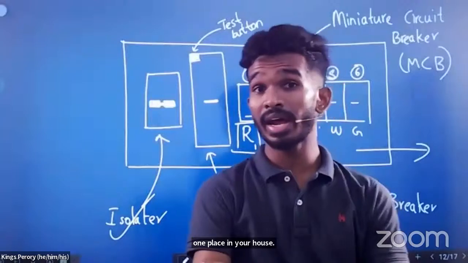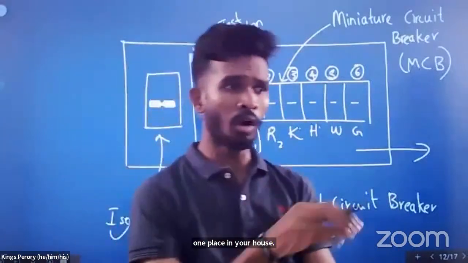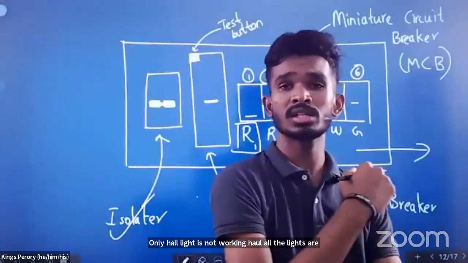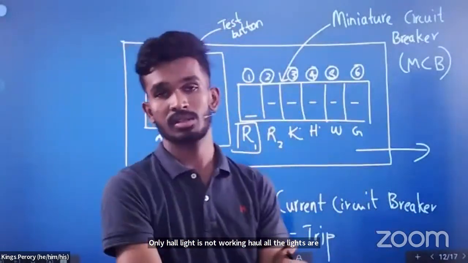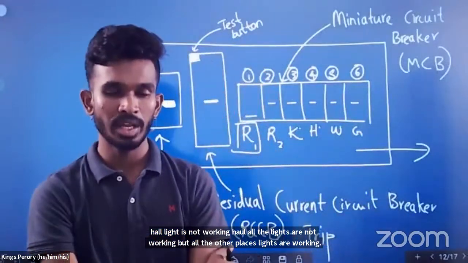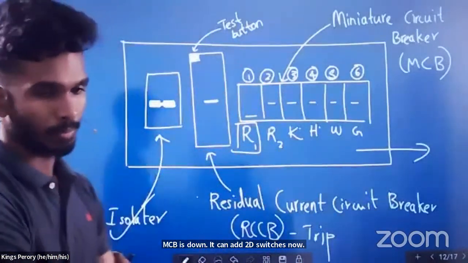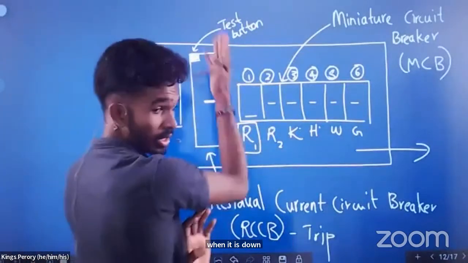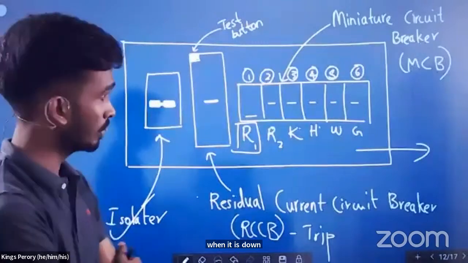Now, sometimes you would have had this experience. Only the hall light is not working. All the other places, lights are working. The MCB is down. Each one will control each region. Now, when it is down, you don't go and directly put it up. What do you do?